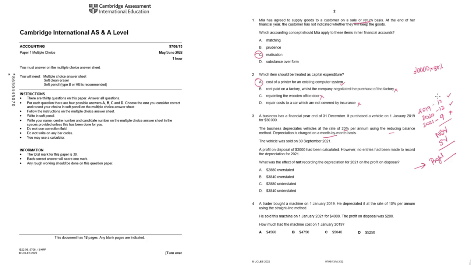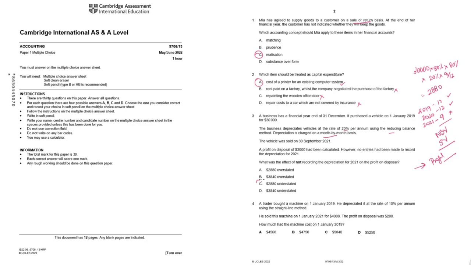Why 80%? Because 20% is depreciation for 2019, so 80% is the book value at the end of 2019. Again I multiply by 80%. This gives me the book value after 2020, because of another 20% depreciation. On this book value, I calculate 20% depreciation × 9/12. So I get 2,880. So the 2021 depreciation of 2,880 is understated. Because of that, book value is overstated, and because of that, profit is understated.